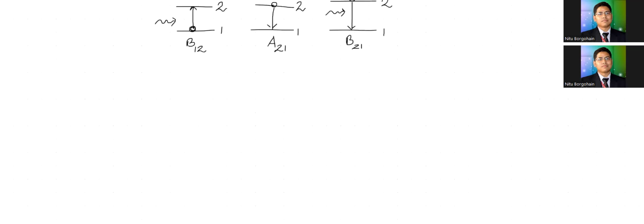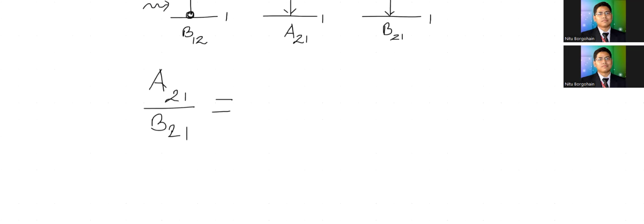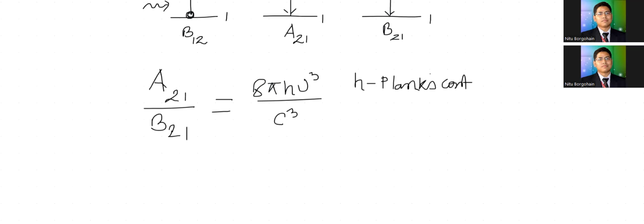Okay, so the relation between Einstein's A and B coefficients is A21 by B21 is equal to 8 pi h nu cube divided by c cube, where h is Planck's constant, nu is the frequency, and c is the speed of light.